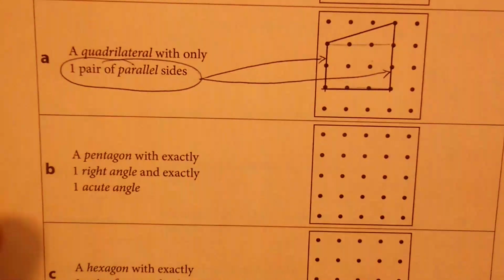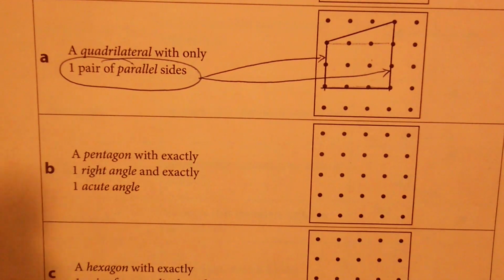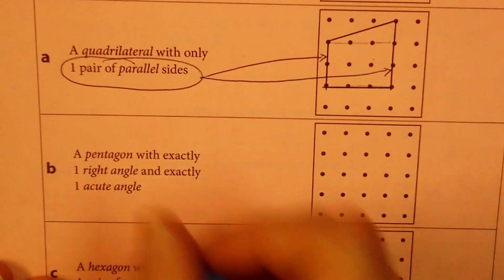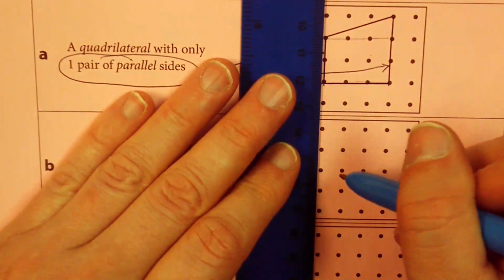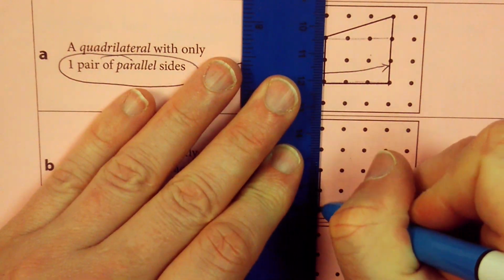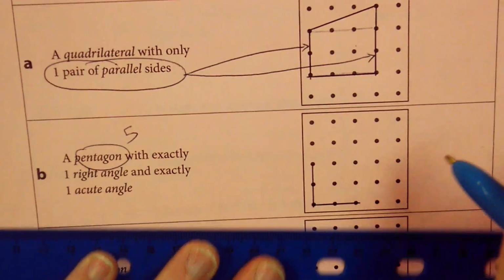Now let's see, a pentagon with exactly one right angle and exactly one acute angle. Oh, dang, pentagon. It's 5 sides. Okay, so we'll start with a right angle. Maybe I just go 2. So those are 2 of my sides.